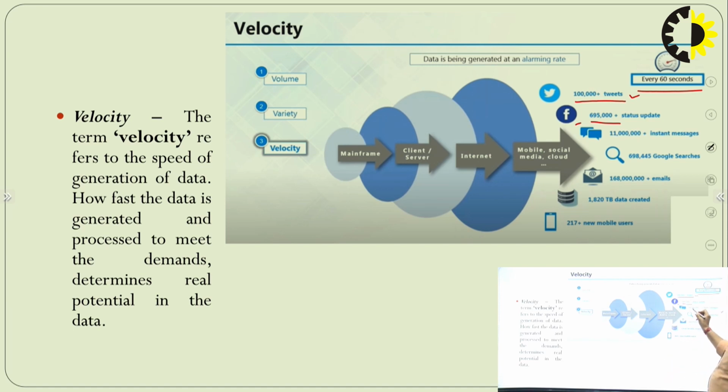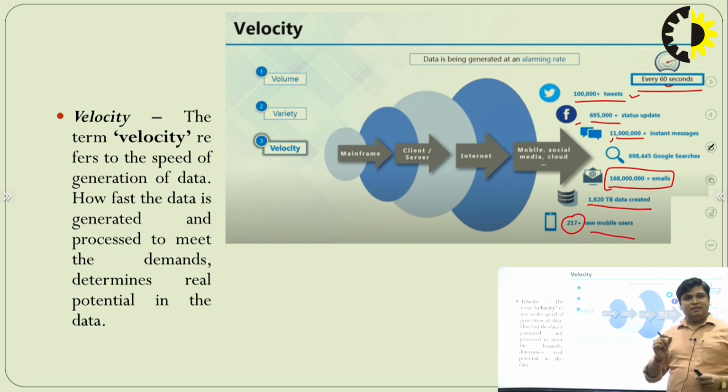Instant messages, suppose we can say 1 crore and 10 lakh instant messages, will be delivered to end users within 60 seconds. Again, approximately this number of emails will be generated, sent or received within 60 seconds. And databases will be created like this. 217 new mobile users will be initiated within 60 seconds.